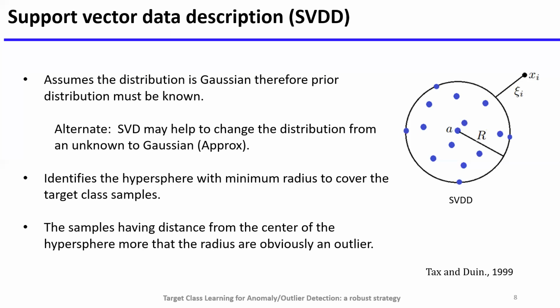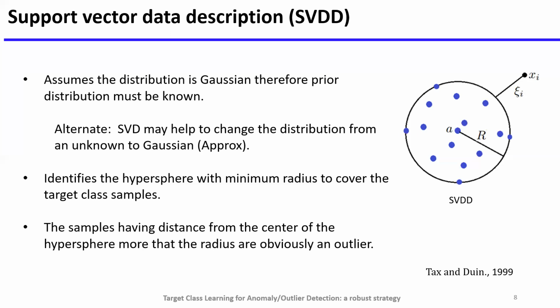Okay, so the question is whether only a hypersphere can be drawn. The answer is not at all, because we may think of some other boundary also, like ellipsoidal. That is also one sort of extension that can be made to explore the extensibility of SVDD.